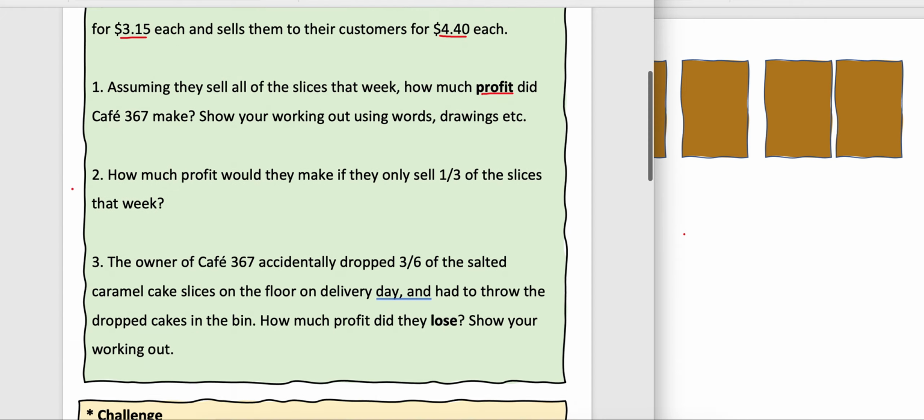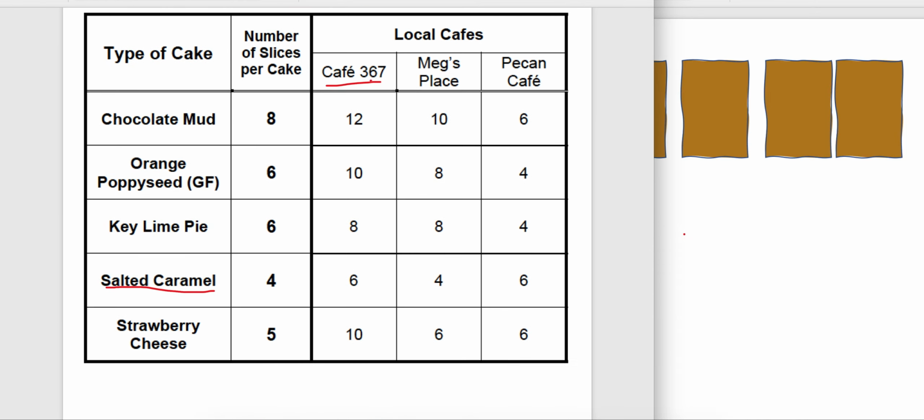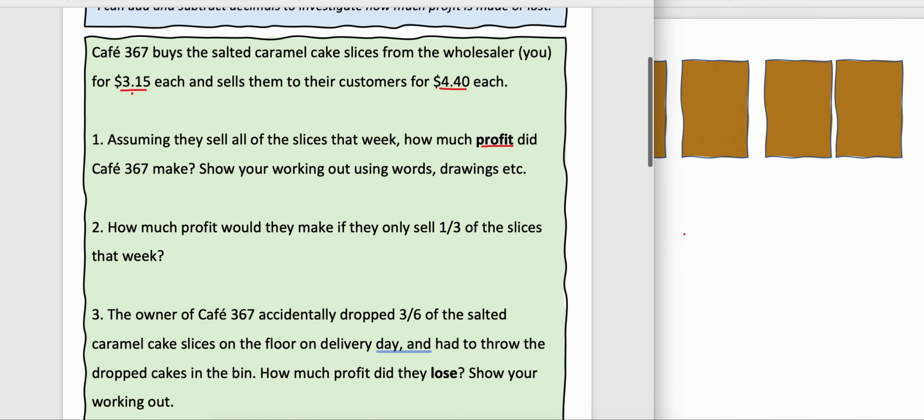So first of all, we need to see how many cake slices they bought that week from the wholesaler. Cafe 367 bought 6 slices of salted caramel cake from the wholesaler that week. So to find out the total that Cafe 367 spent on their slices from the wholesaler, you would add 3.15 together 6 times because there's 6 cake slices.